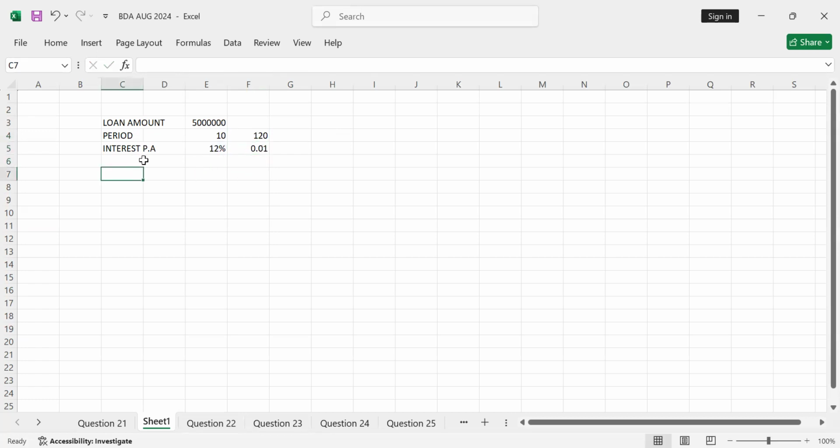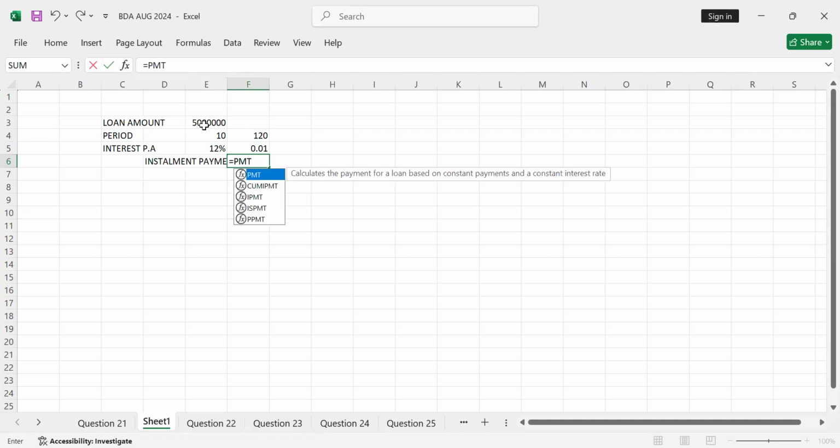Then the other thing you have to look for is the installment payment. Installment payment is what we call the monthly payment, the equal amount that you'll be able to pay for the loan. This will be given by equals PMT.